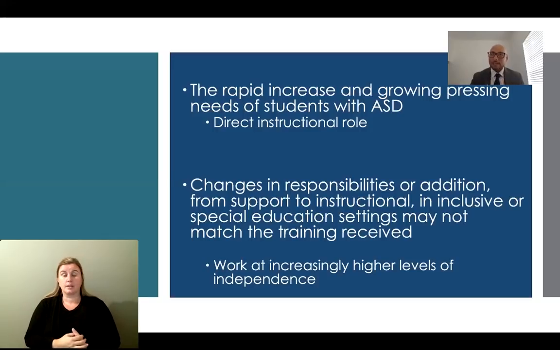In addition, paraeducators are now perhaps practicing with increasingly higher rates of independence due to professionals not having enough time to provide adequate supervision.